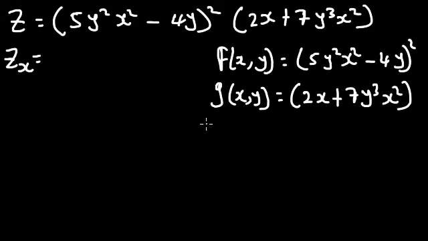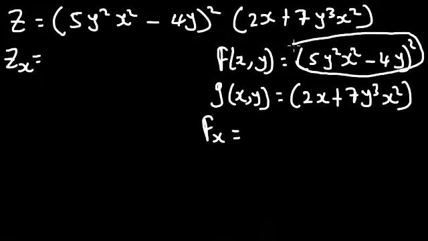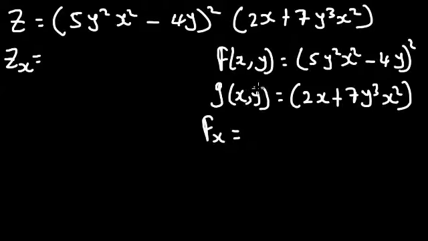Then what would be f sub x? Remember, f of x comma y is a function of a function in relation to multivariate function. So the technique of differentiating partially the function f with respect to x, you have to use the generalized power function of partial differentiation. If you have never heard about that before, feel free to check the description of this video, as I have a video on that already.